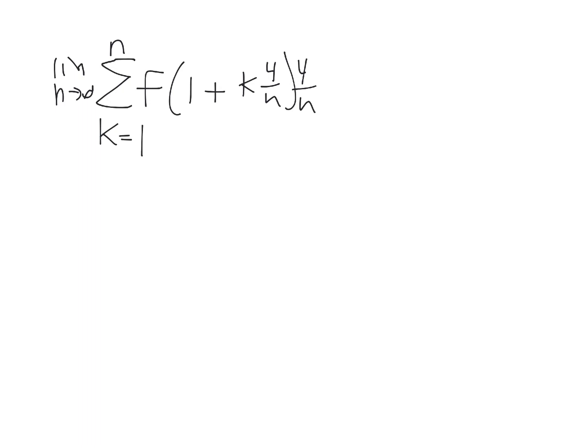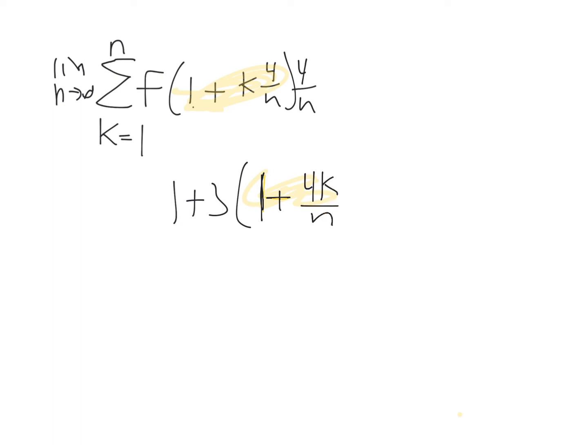Now we just got to put it in the function form. Now the function form was what? 1 plus 3x. So I'm going to say 1, because of the original function, 1 plus 3 times, and this is where I'm just going to copy this down right here, okay? So 1 plus 4k over n.